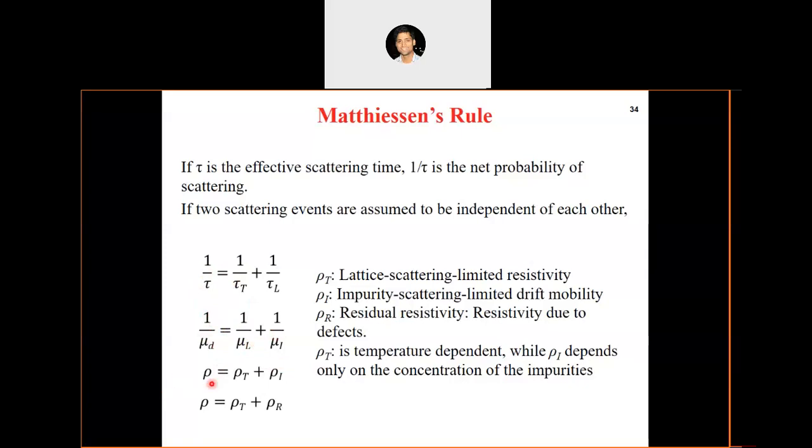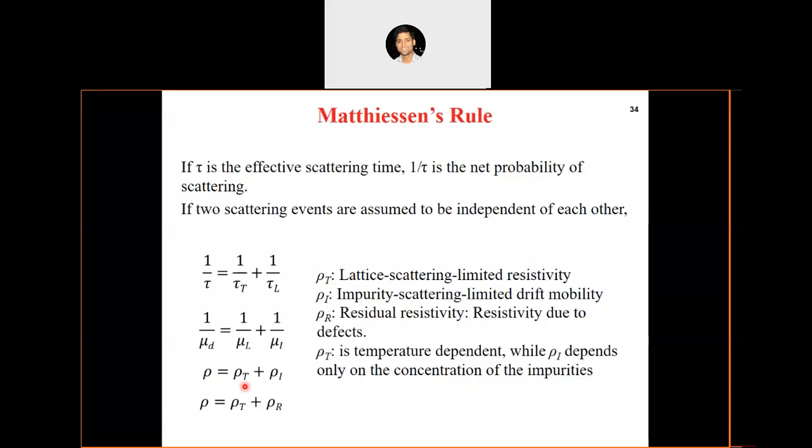Then rho is inversely proportional to drift mobility, so rho will be equal to rho L plus rho I. All right, let us leave this for the moment and concentrate on this particular relation. Resistivity is equal to resistivity because of the lattice vibrations plus resistivity because of the impurities.